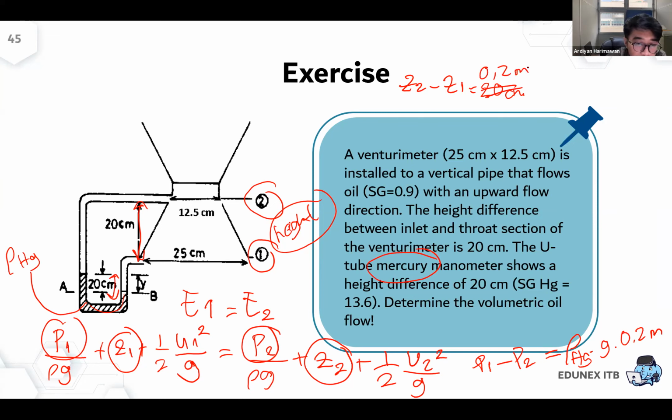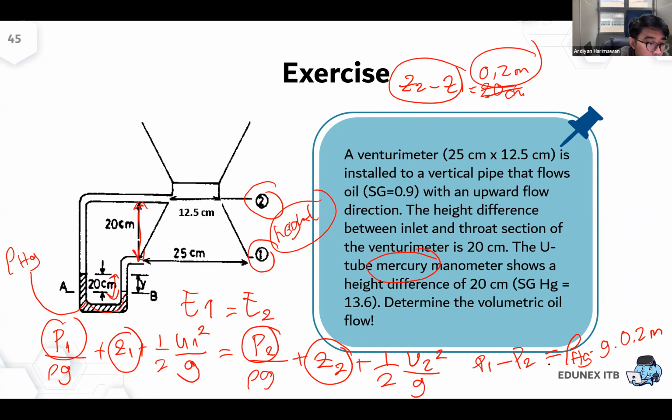Okay, you can have the value of P1 minus P2. You also have the value of Z2 minus Z1. If you take the values as positive, for the height it is Z2 minus Z1, and for the pressure P1 minus P2, because Z2 is higher than Z1 and P1 is higher than P2.